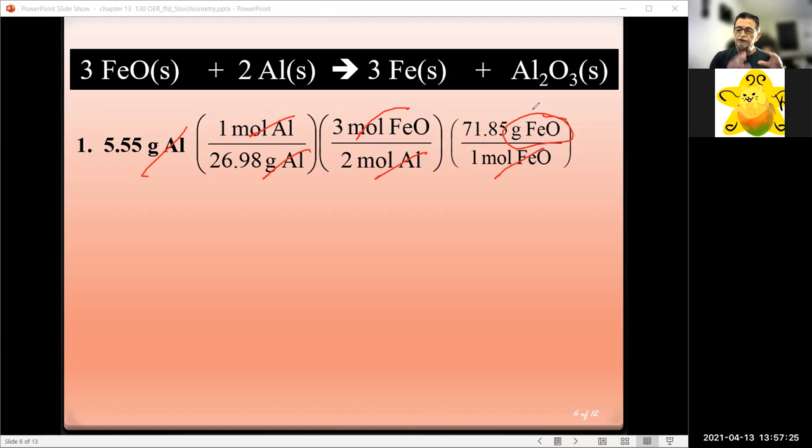The first one got us to moles of aluminum. The second factor got us to moles of iron 2 oxide. And the third one got us to grams of iron 2 oxide. Okay.